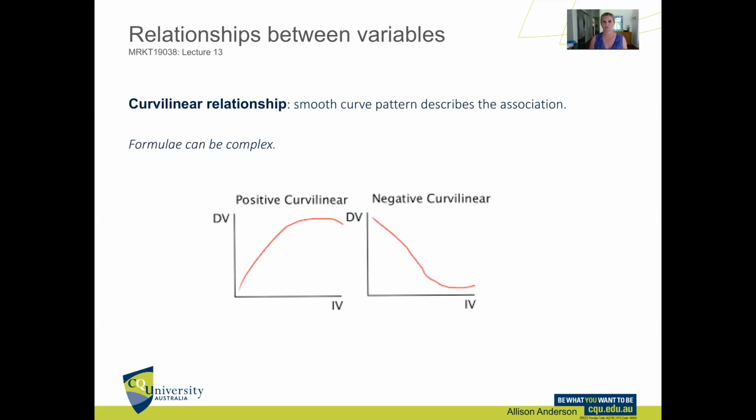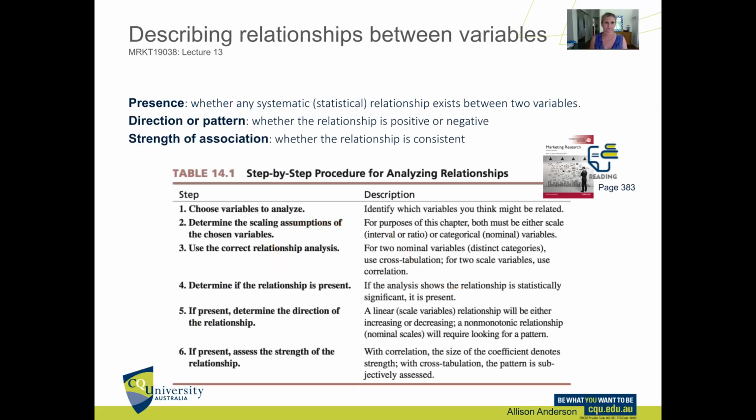I know they don't look super smooth as it says, but that's probably how, when you're scattering in your data, a curvilinear relationship would actually look. So we don't need to know the formula for that. Like I said, they're really complicated. I'm just letting you know that they're the sort of main types of relationships between variables.